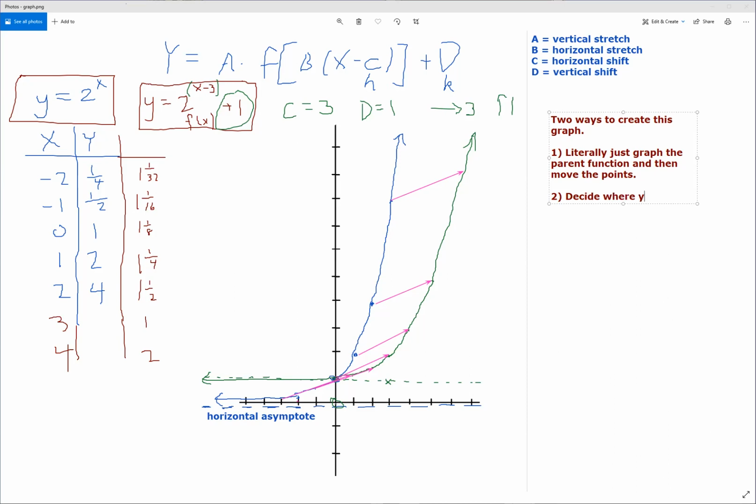The other way is to decide where your origin is and graph normally from there. And so that's kind of what I'm doing here. I'm saying, okay, this is now like my x-axis and this is now my y-axis. So when I come from here, this is 0, 1, and this is 1, 2, and this is 2, 4.